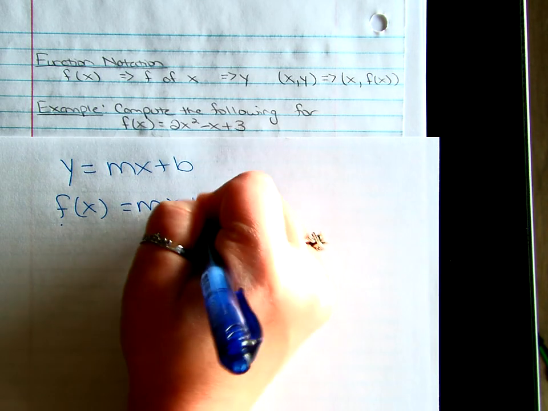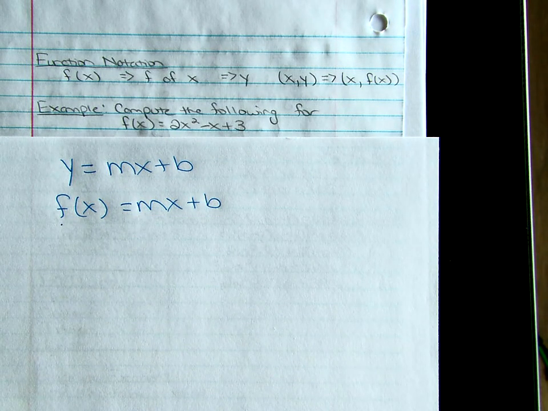But notice nothing changes. Nothing changes at all. Instead of saying y equals in our equations, we're going to say f of x. That's really the only thing that's changing here. It kind of looks like a semantic type thing, but it's really a different way of examining the same equations.